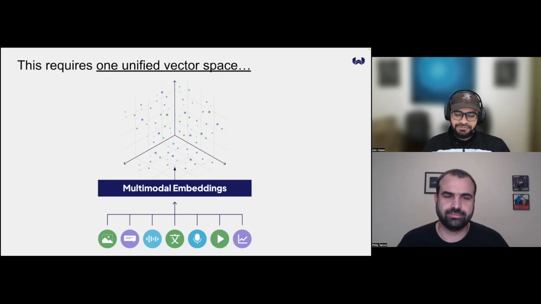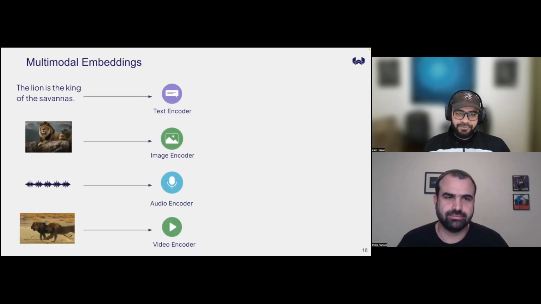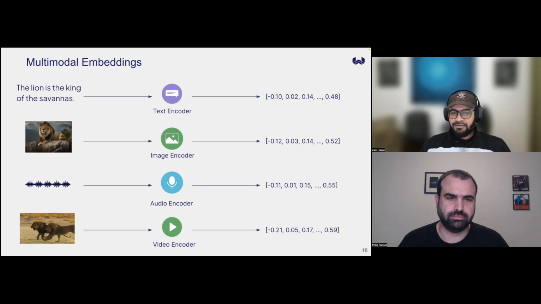Once you have this vector space, you can essentially take all of your data, regardless of modality, as long as the model understands it, and pass it through. The text encoder, which used to be independent of the image encoder and the audio and the video encoder, are now all bound together, meaning that if you have a concept that's similar in any modality, the vectors will also be similar, right?